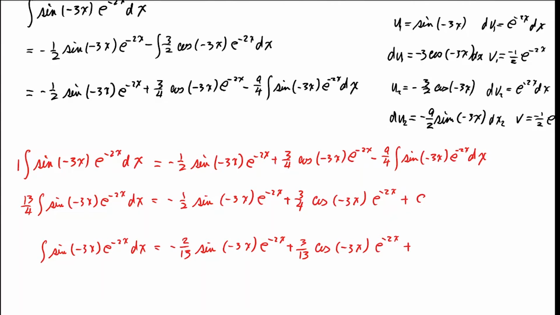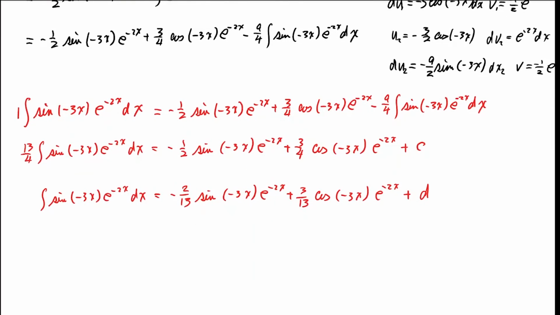Oh, that looks like a derivative. D, how's that? There you have it. We are done. And if you really want to make it pretty, you can common factor these things. You don't have to, but while we are at it, we can say e to the negative 2x over 13, and then we'll have a bracket to make it prettier.